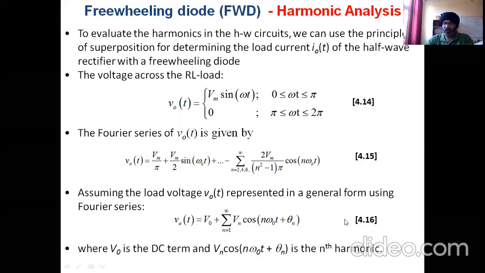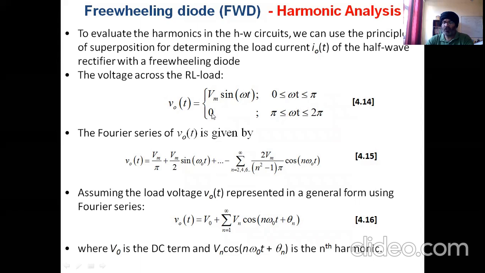So equation 4.16 is a general form of Fourier series, generally used in electrical engineering, where this is the instantaneous output voltage, which is calculated using this formula. From 0 to pi, we have sine omega t, the input supply.